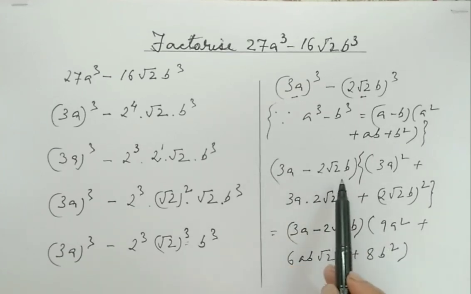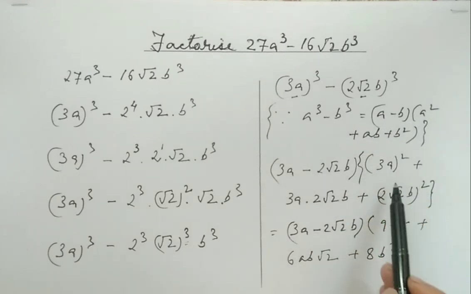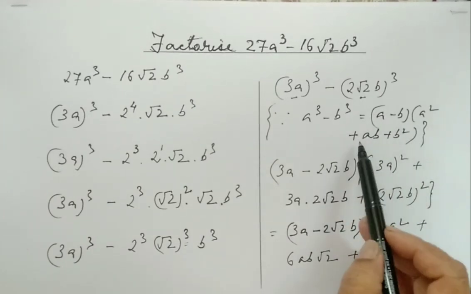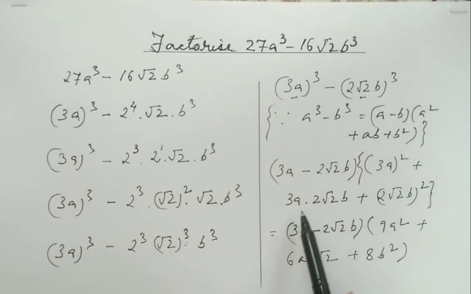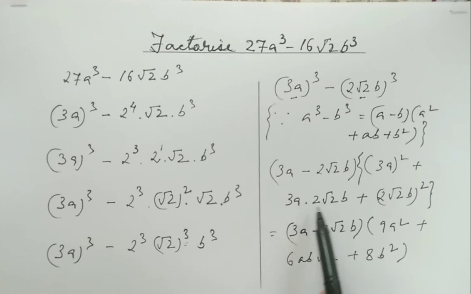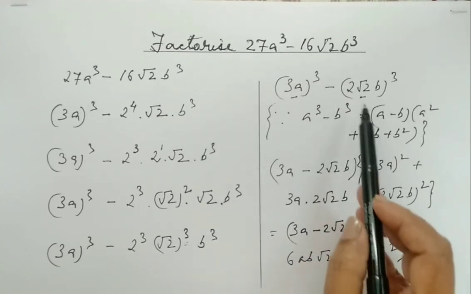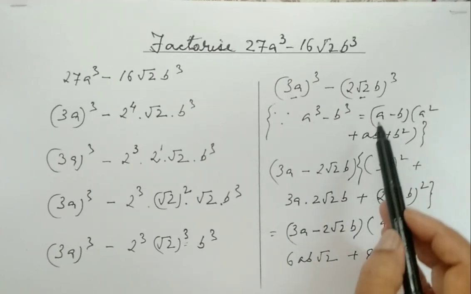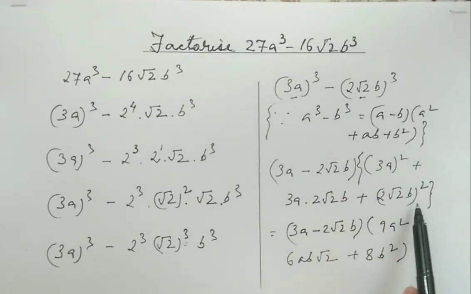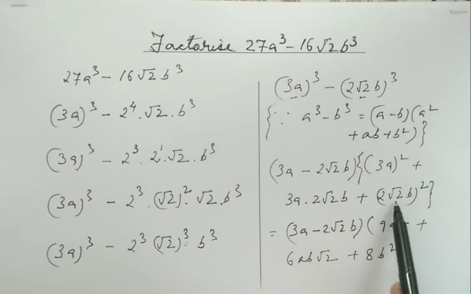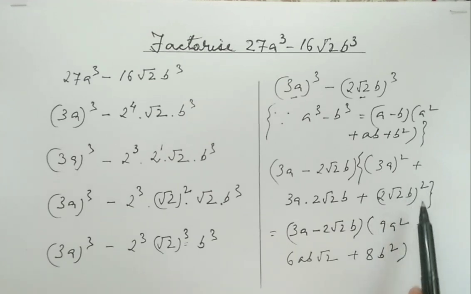So this is a minus b as per this, and this is a square plus ab. This is my a and this is my b. From here we get my ab, and then we have b square. 2 into 2 is 4 and root 2 into root 2 is another 2, which means what? We get 8b square. So I hope you people have understood.